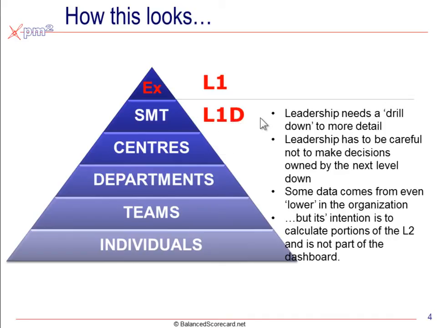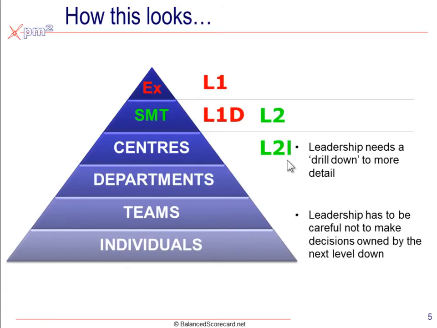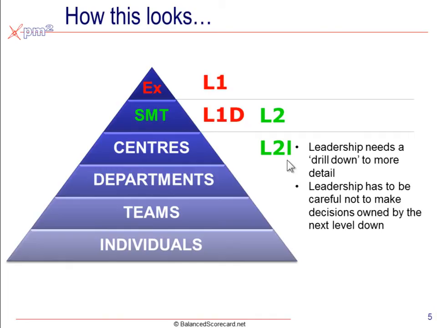So at the SMT level, let's color them, for example, green. As we drill down to them, they'll also have their scorecard. Now it's in level 2, an L2 scorecard, and they're going to have level 2 detail behind it. And the same principles remain. The L2 leadership needs a little bit more detail, L2 detail, to understand what's going on. They need to be careful not to make decisions on the part of, in this case, the centers.